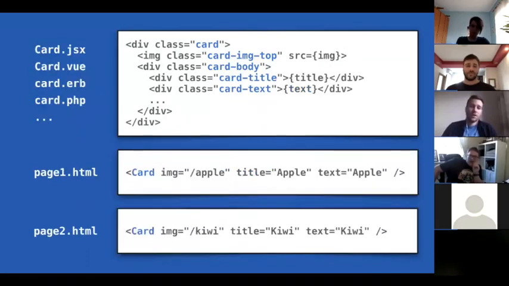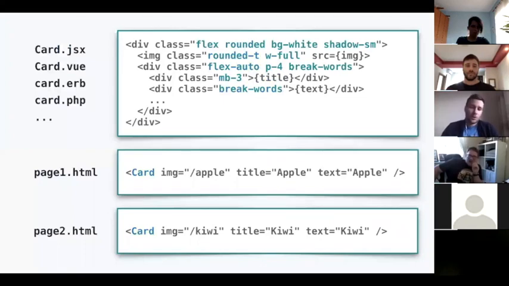So that's why in this case you would typically extract these things into components if you are using React or Vue, or on Rails or PHP frameworks, you would use partials. But then you can just as well use Tailwind classes to style things, and you are keeping things equally DRY.